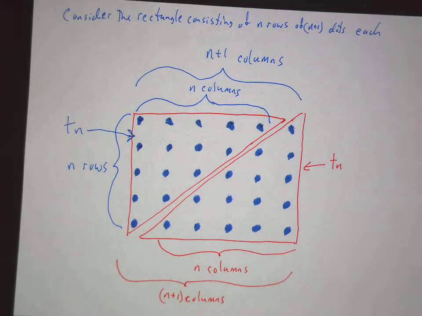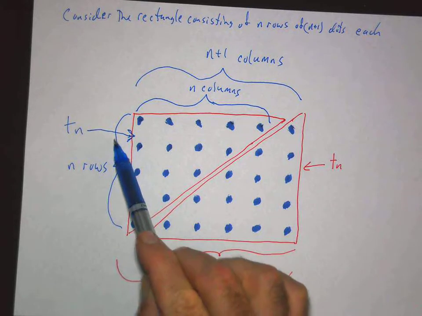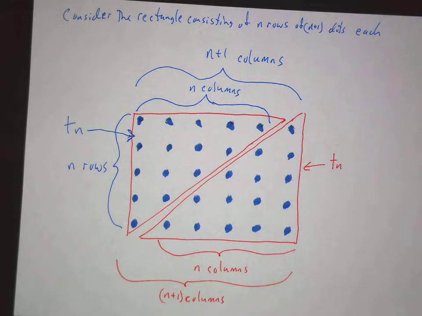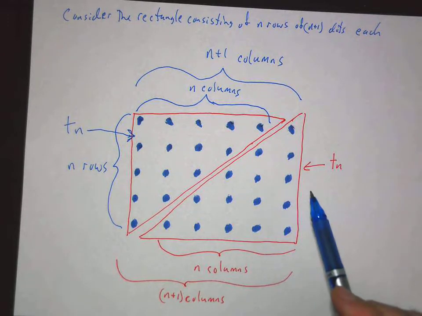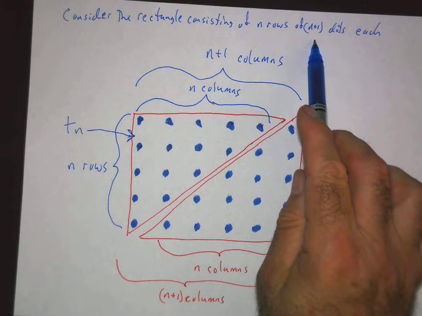Now, before I throw this picture away, let's just take a quick look at what we have here. We have two isosceles triangles, t sub n, and we put them together and we get the entire set of dots, which we said consisted of n rows of n plus 1 dots each.